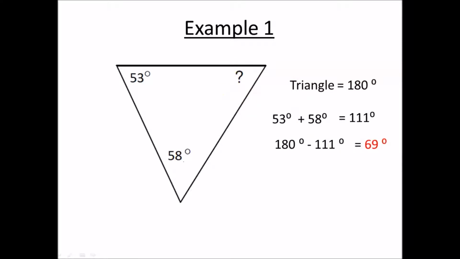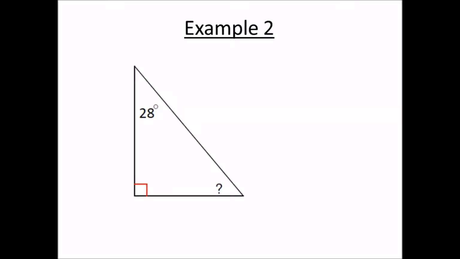Let's look at example 2. So this triangle right here gives us 28 degrees. Then also right here, notice that this is our right angle, right? And then we're looking for this piece right here. So even though nothing is written right here, we don't need to find that because we already know that it's going to be 90 degrees.